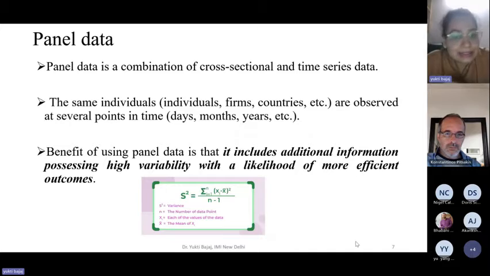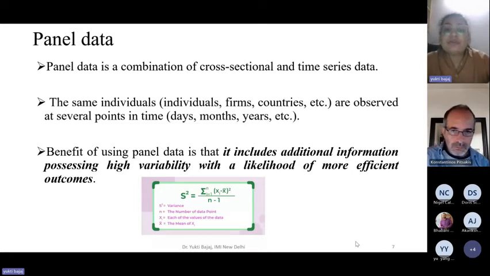Okay, so now it is easily understandable that you mix both of them, you have multiple cross-section units and multiple time periods in the data. That's panel data. But why is there a need to move from cross-section or time series to panel data altogether? We need to know why it is important.